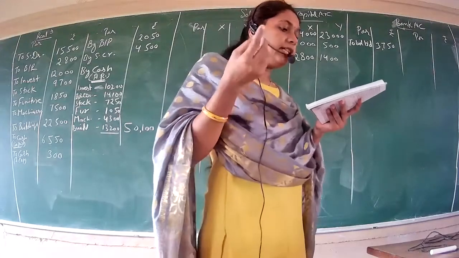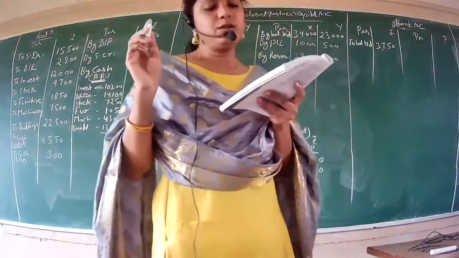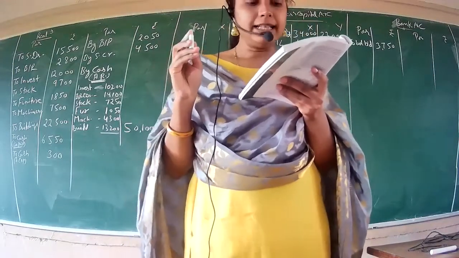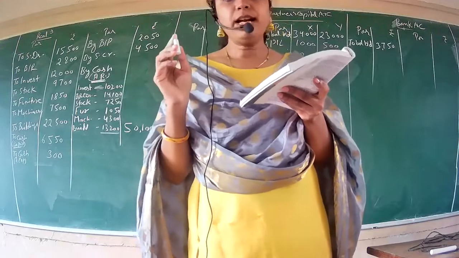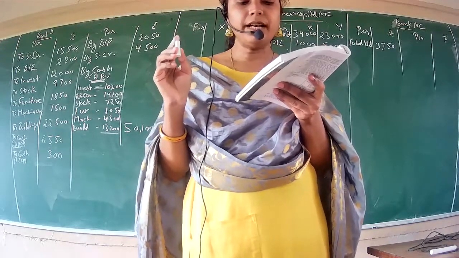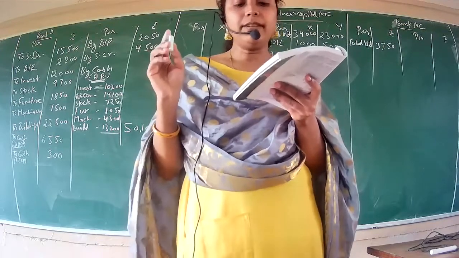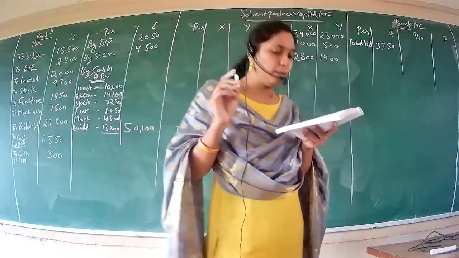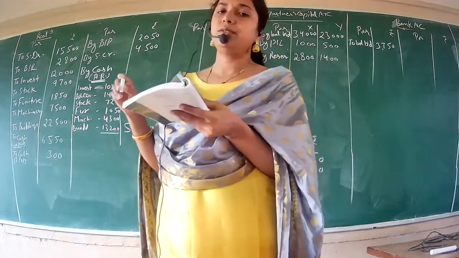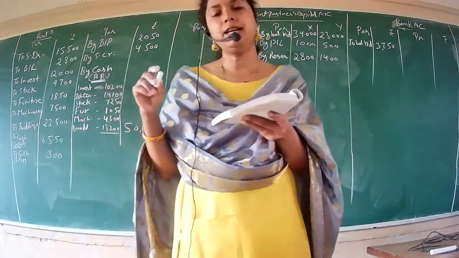Z became insolvent. So Z has become insolvent, and they are saying what? Rupees 492 only were recovered from his private estate. That means Z is getting 492 from his private estate towards the firm.